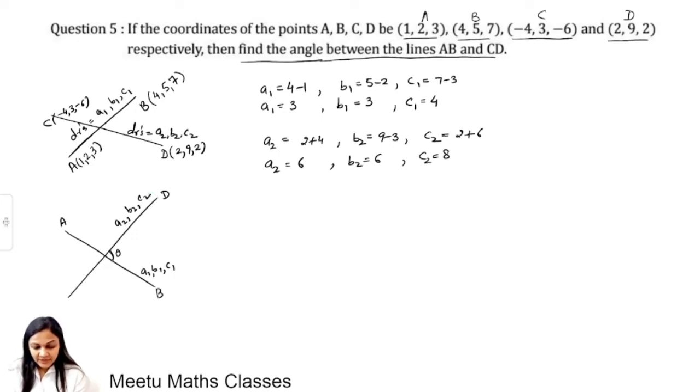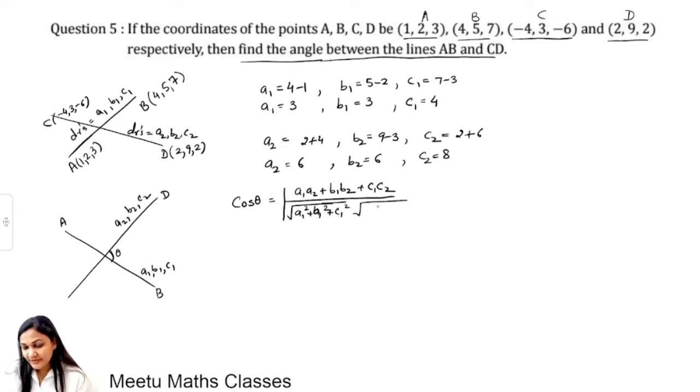So what is the formula for the angle between two lines? Cosine theta is modulus of A1 A2 plus B1 B2 plus C1 C2 divided by the square root of A1 square plus B1 square plus C1 square and the square root of A2 square plus B2 square plus C2 square. This is the formula for finding out the angle between two lines.